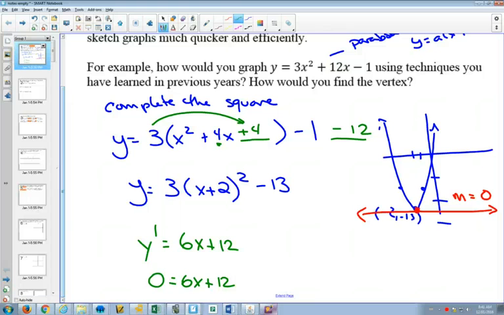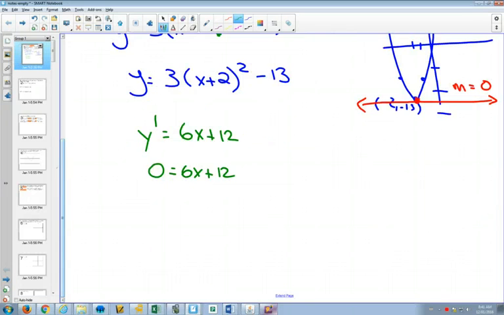You can probably see the answer already. Move the 12 over, divide by 6, and what do we get? -2. If you wanted to find the y-coordinate of the vertex, you just plug -2 back into our original equation, and then you'd find -13.